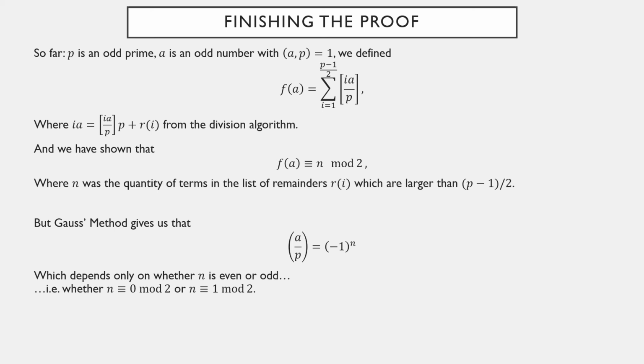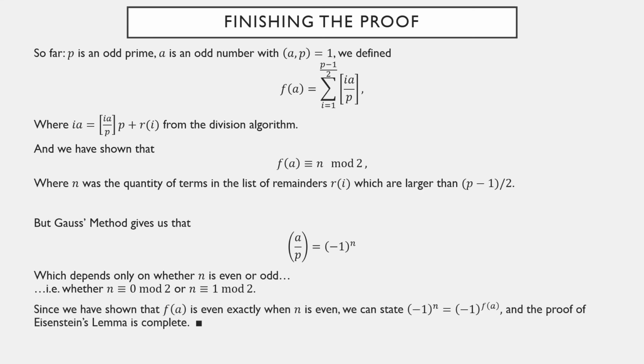That really only depends on whether n is even or odd. In other words, is it equivalent to 0 mod 2 or to 1 mod 2? I don't actually care if n is 40, 50, 60, etc. If it's any even number, -1 to that power spits out a 1. Similarly, -1 to any odd power will spit out a -1 regardless of what that power was, so long as it was odd. So we've shown f of a is equivalent to n mod 2.